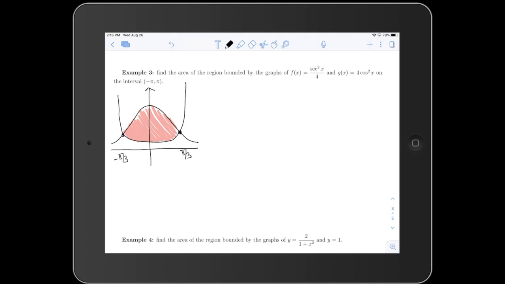Now we need to set up the area. The area is: I'm going to double my integral from 0 to pi over 3, since this is symmetric. What do you guys think the top function is, if you had to guess just based on the shape?